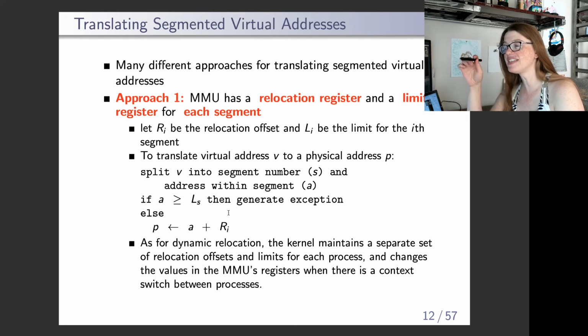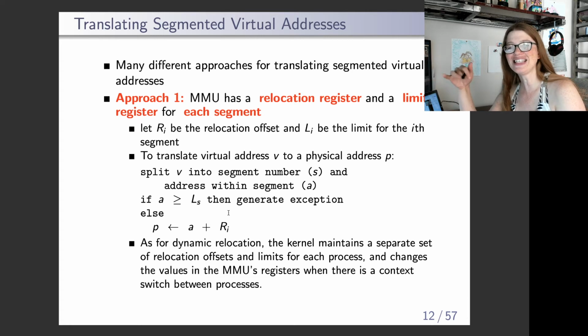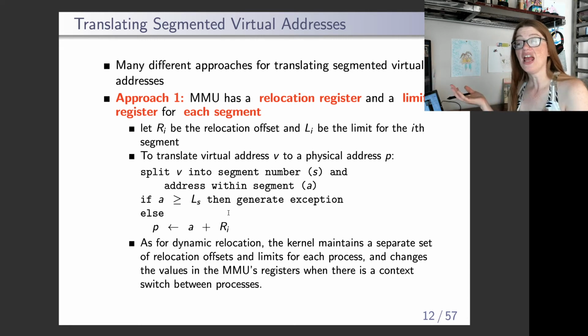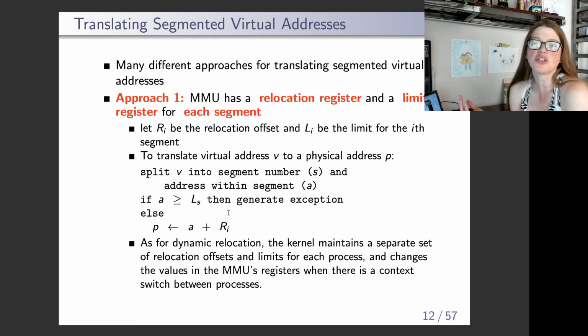We compare the segment offset, or address within the segment, to our limit for that segment. If it's greater than or equal to the limit for the segment, then we generate the exception because it's not a valid address. And if it's less than the limit for that segment, we simply add the relocation value and we're done. So instead of doing dynamic relocation on the space as a whole, now we're just doing dynamic relocation on the individual segments. All right.